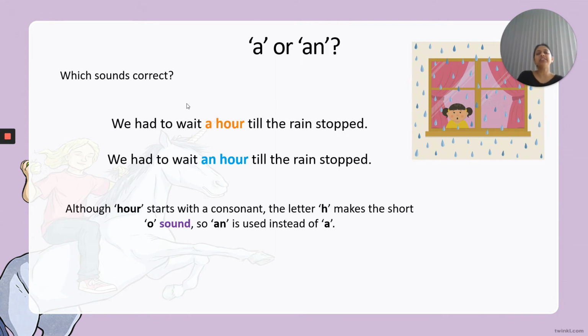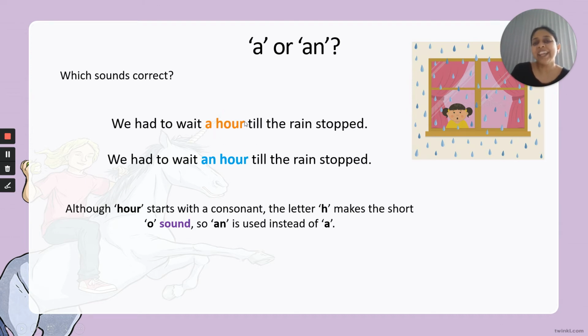Okay, now there are some exceptions that we need to know of. There are some words where we have to use an even though it has a consonant. That's because when we say the word, it sounds like it's a vowel. So let's have a look at the first one. We had to wait a hour or an hour till the rain stopped. Now we know the word hour over here starts with an H, which is a consonant, which is why it has to be a hour.